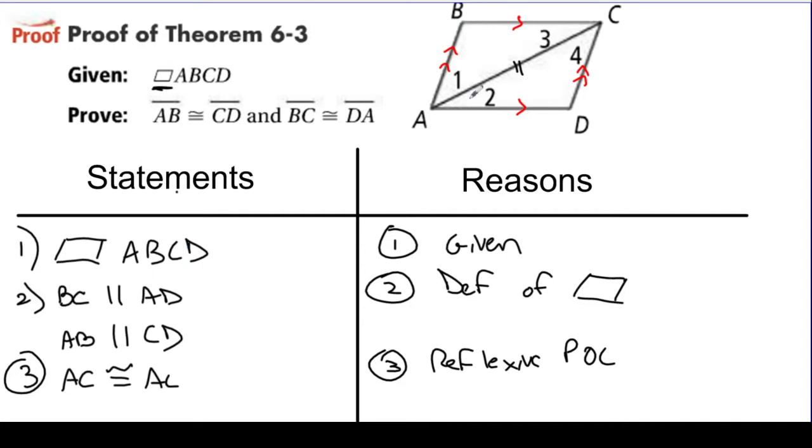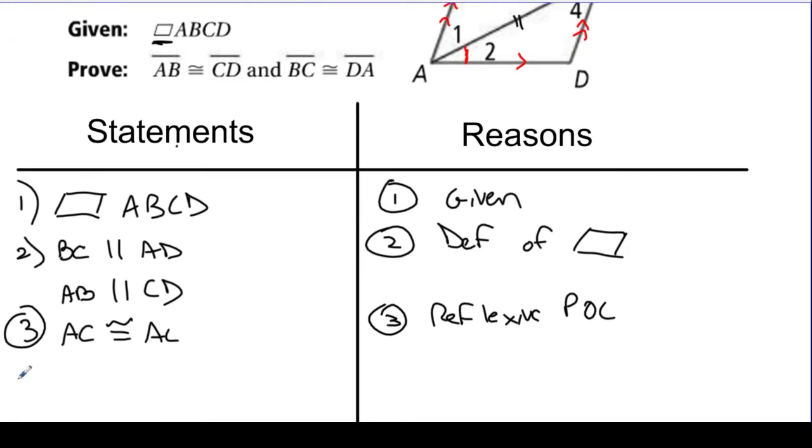So I'm going to use the angles that we created here. Because angle 2 is pinned between AD and this diagonal, and angle 3 is pinned between the other parallel line and the diagonal, those are going to be equal to each other. So my fourth line is that angle 3 is congruent to angle 2.